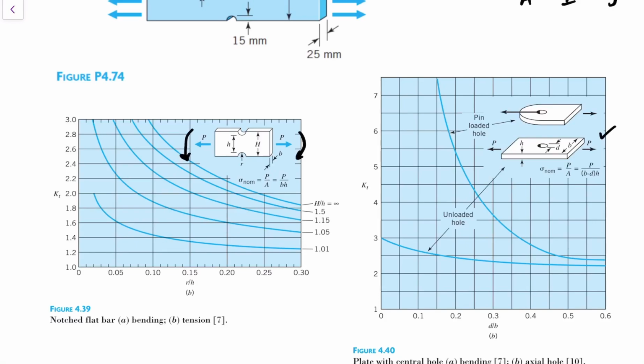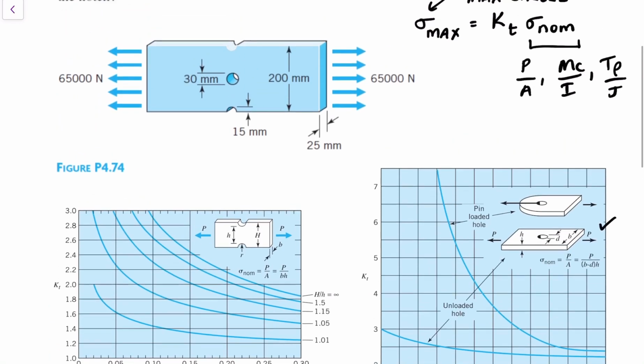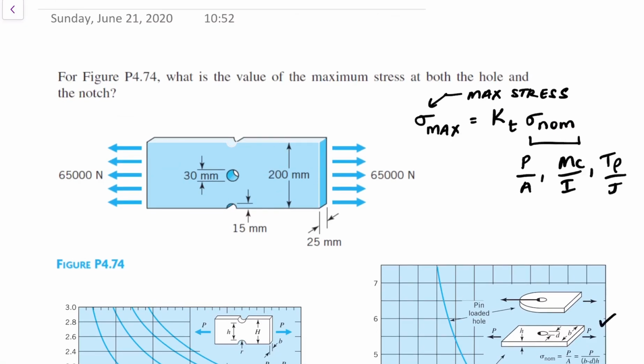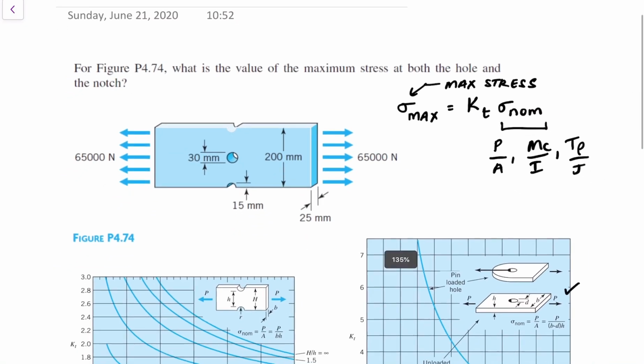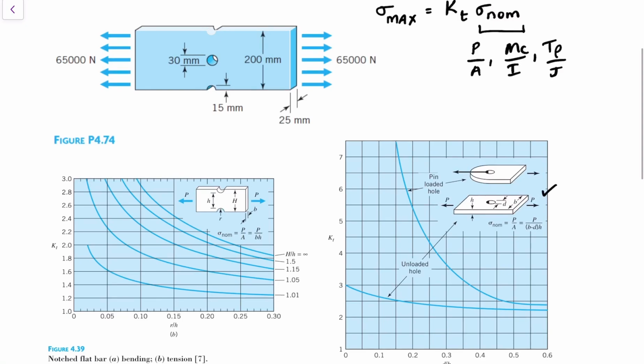Okay, so again, the prompt is, what is the value of the maximum stress at both the hole and the notch? Because we have two different plots, and the way we have our equation written out, we need to solve for a sigma max at the hole and a sigma max at the notch. And there's no way of combining these two because these are two separate geometries.